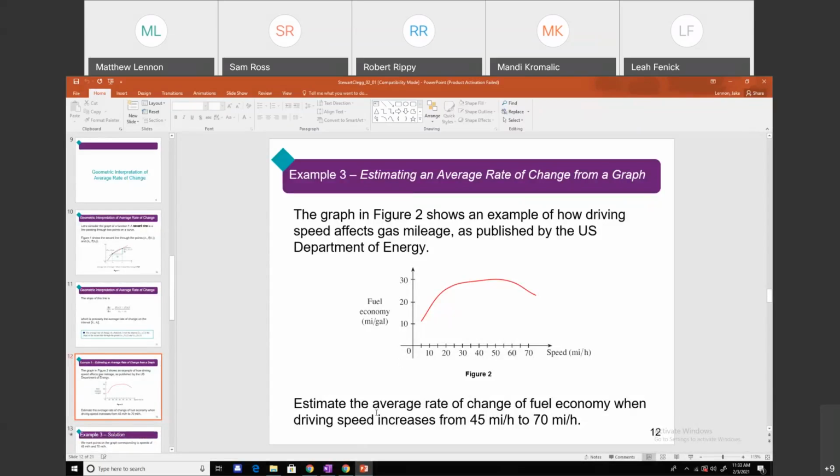So they say estimate the average rate of change of fuel economy when driving speed increases from 45 to 70. So 45, you would find your point up here. I don't know, maybe that's something like 28. You'd have to estimate that. And when you get to 70, maybe it's more like 24. I would say 28 and 24. Again, this graph is not super precise, so it's hard to know exactly what values.